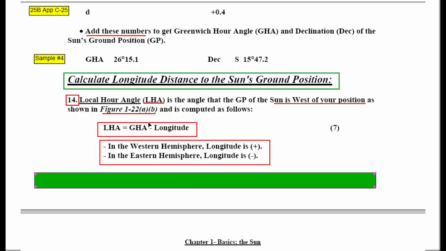Our next step in this process is to calculate the longitude distance to the sun's ground position, the longitude distance in degrees. And that's called local hour angle. And local hour angle is the angle west of us that the GP is located. So the GP is located to our west by the number of degrees defined by LHA.